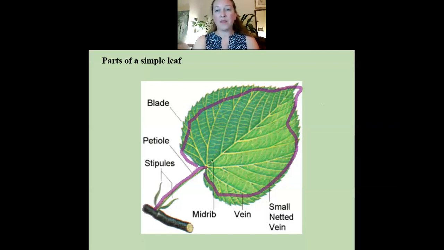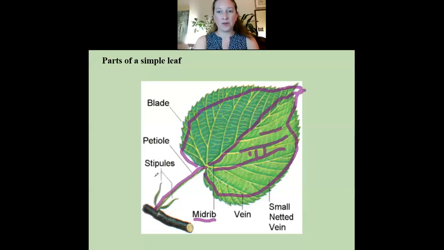Then there are going to be veins on the leaf. So the main vein that's in the middle is called the midrib. And the veins that come off of that are just called veins. And sometimes there'll be small veins in between larger veins, which is what this is showing you down here.